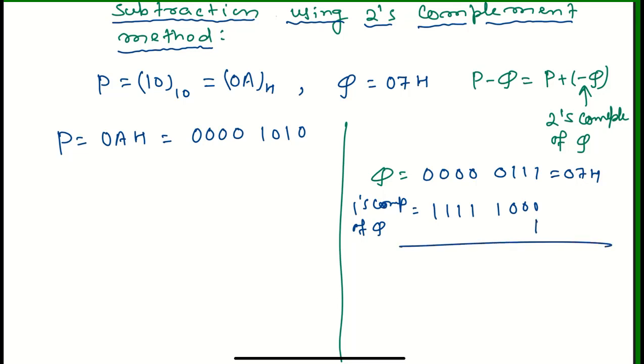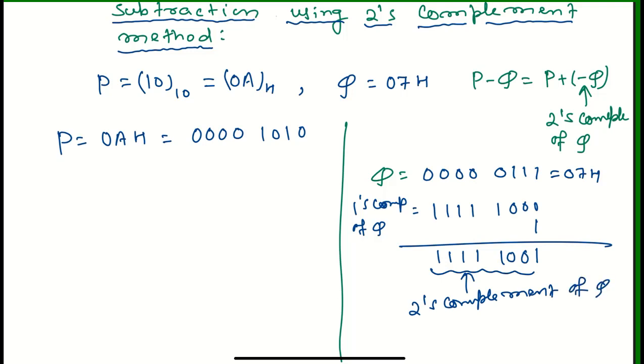Now it becomes the 2's complement. So 0 plus 1 is 1, 0 0 1, then 1 1 1 1. This is called the 2's complement of Q, found with the help of 1's complement.